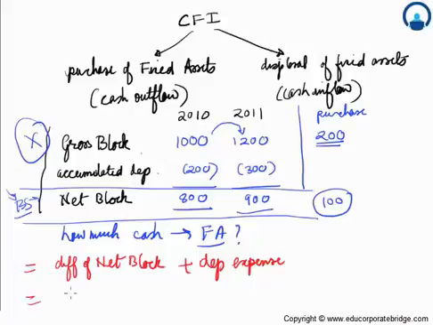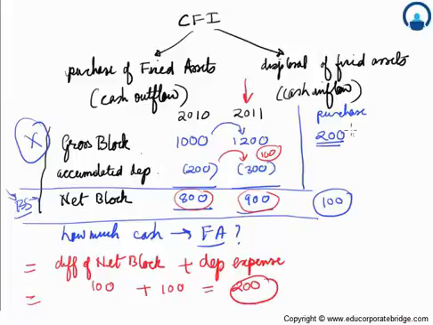So let's apply this formula here. Difference of the net block, this is 900 minus 800, so difference is 100 here. And what is the depreciation expense which was charged in 2011? This was from 200, it increased to 300. That means 100 would have been the depreciation expense here. So this comes out to be 200. So it actually matches with the actual purchase.